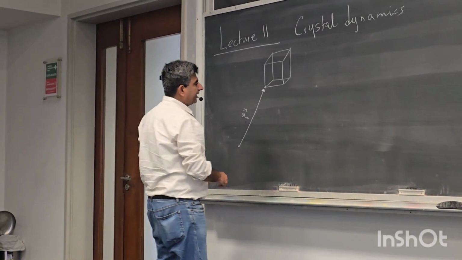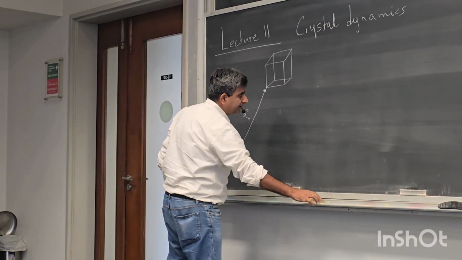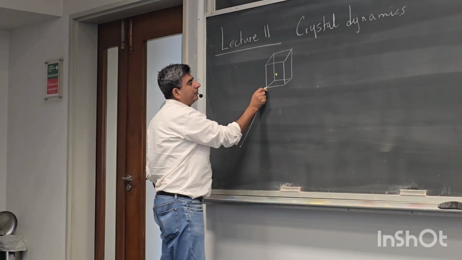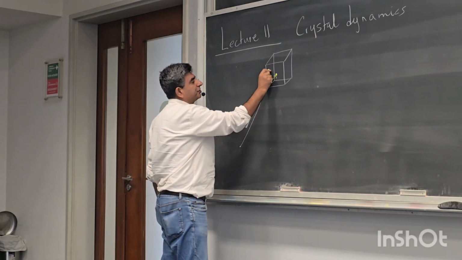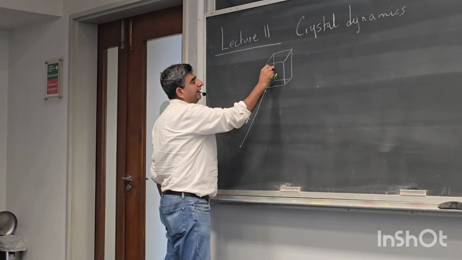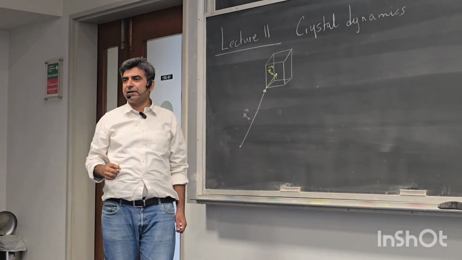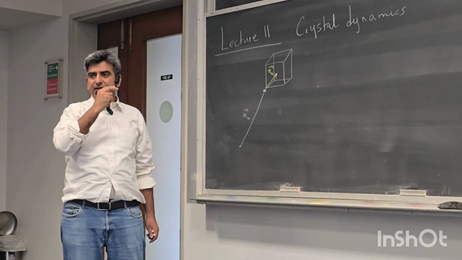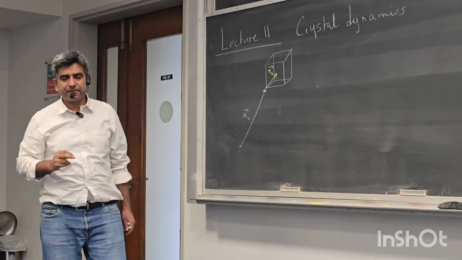And there are atoms inside this unit cell. Let's pick a particular atom which is at a location Ra inside this unit cell. This is the same notation that we used when we discussed the derivation of the structure factor.